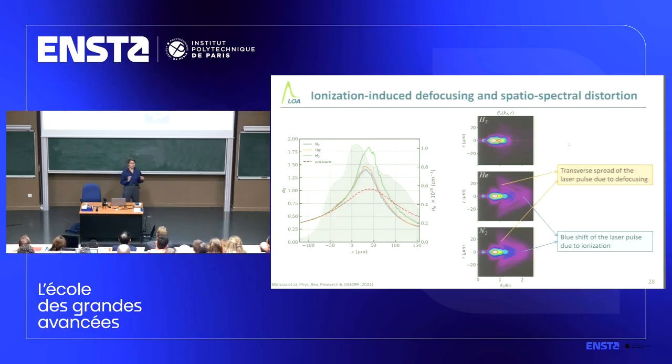And two things appear in helium and nitrogen that do not appear in hydrogen. First of all, there is a transverse broadening of the laser pulse in helium and nitrogen. So here in hydrogen, you do not have this broadening at all. And also here on the right, you see that there is a blue shift of the spectrum using helium and nitrogen, blue shift that doesn't appear in hydrogen.